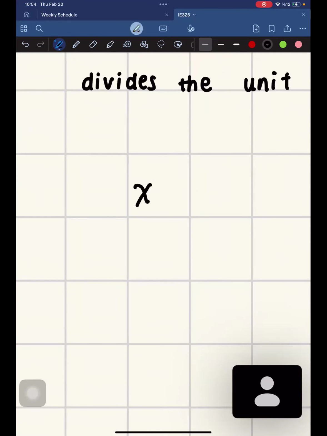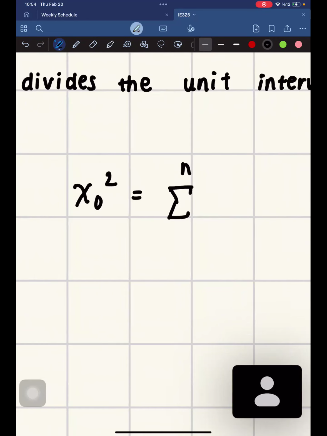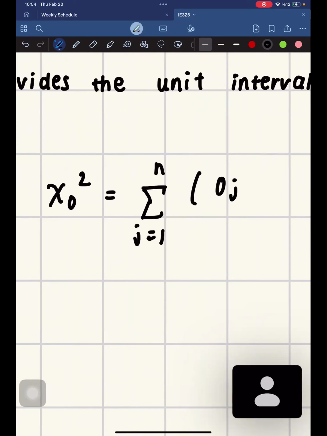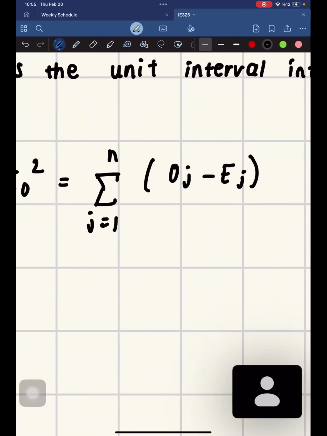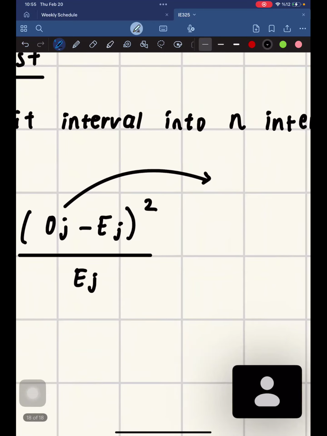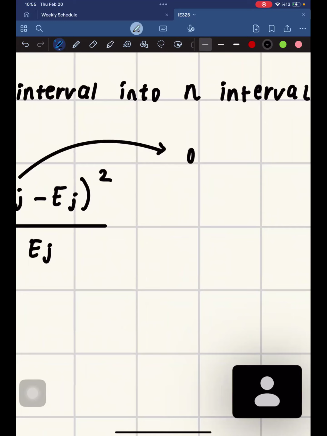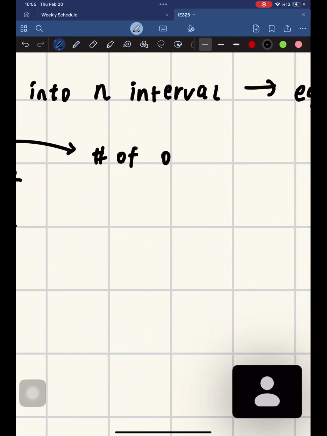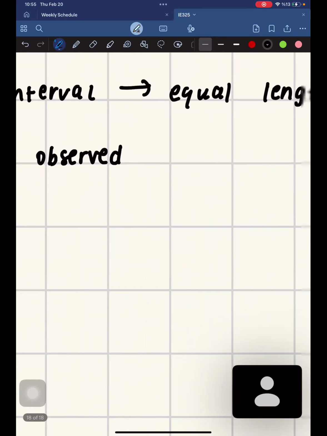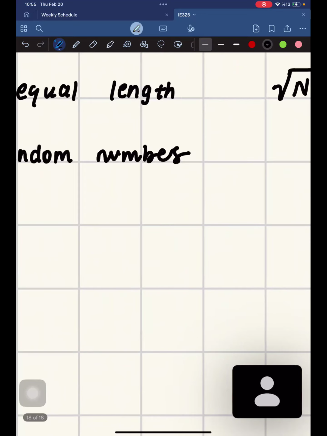And the chi-square test uses the test statistic formula: sigma j from 1 to n of (Oj minus Ej) squared over Ej. Here Oj is the number of observed random numbers in the jth interval.